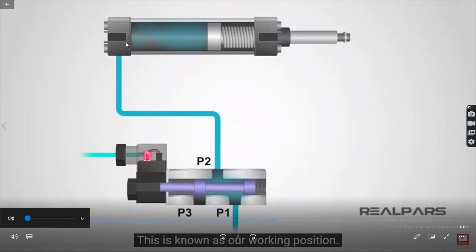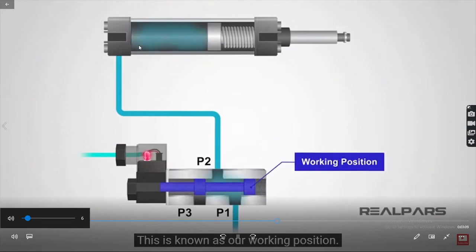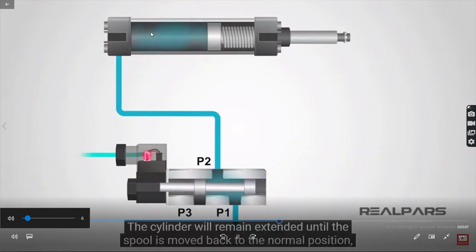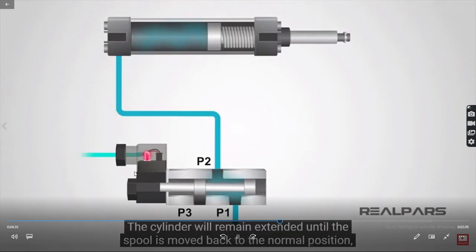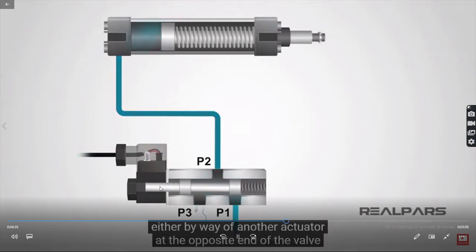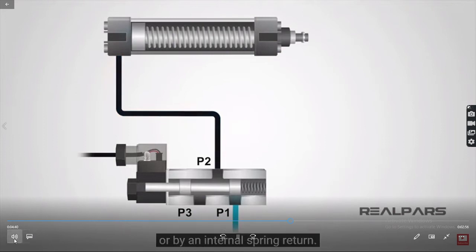This pressure will go to the left side of the cylinder, the blank end, which will push the cylinder to the right side. The cylinder will remain extended until the spool is moved back to the normal position. When you switch off, it will come back either by way of another actuator at the opposite end of the valve or by an internal spring.